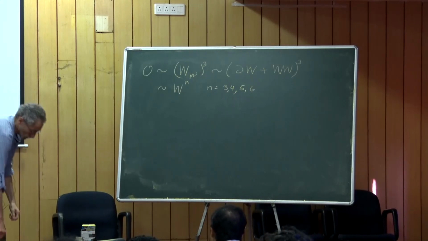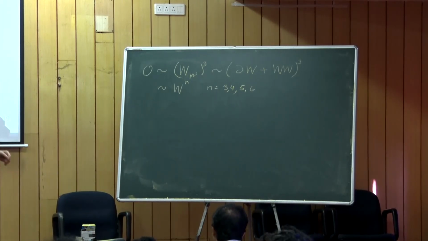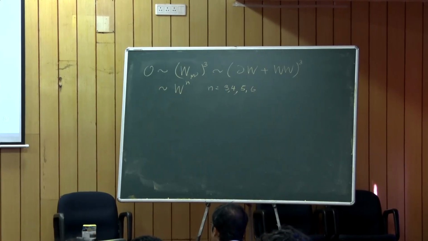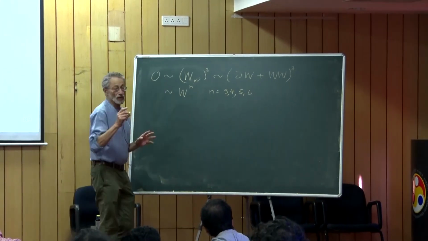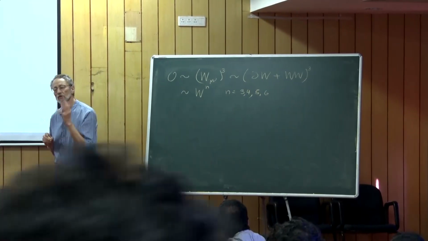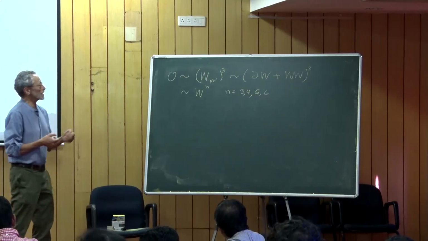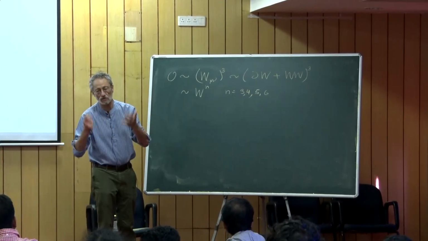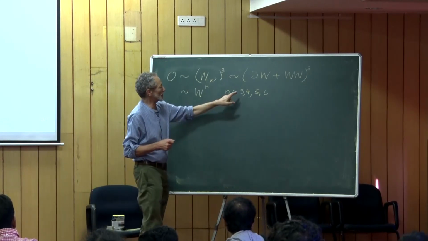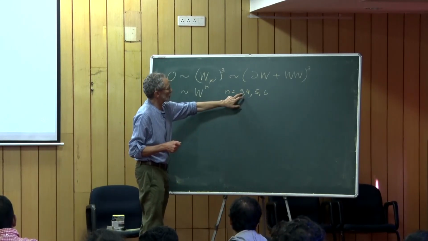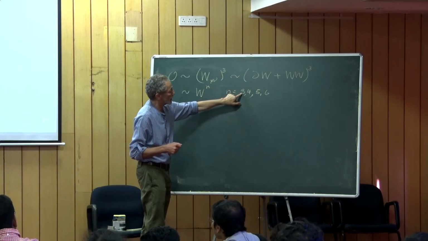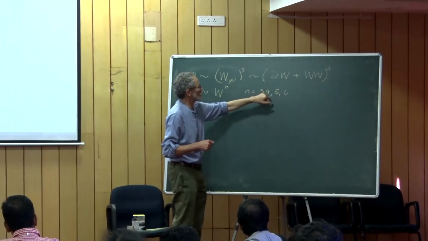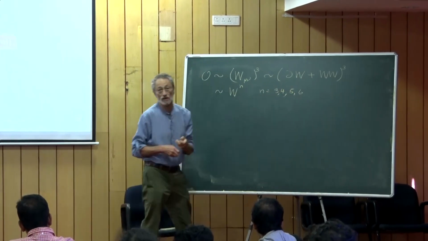The first thing I'm going to show is that if you have any process that at tree level can generate this operator, there ought to be some version of that process that generates the term with 3 guys and another with 4 guys, 5, all of them at tree level.